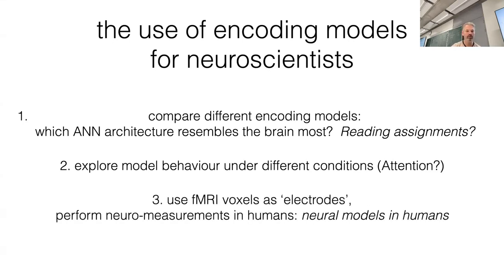And then one thing that I really like about this is that fMRI, it's also my field, right? It's sort of a segue, but it used to be this sort of blobology thing. Oh, we have this blob here in the brain and it does this. It's a very vague, sort of weird psychological notion of using brain imaging. But this is really a way of using computational models to start to make sense of fMRI. And then you're really able to do neural models in humans, which is a really powerful approach.